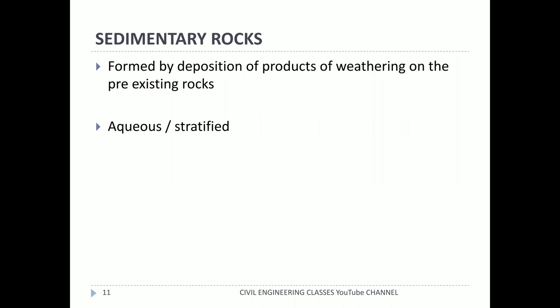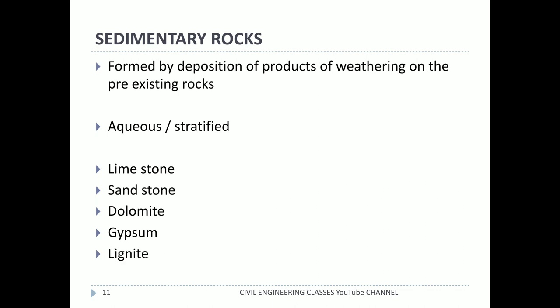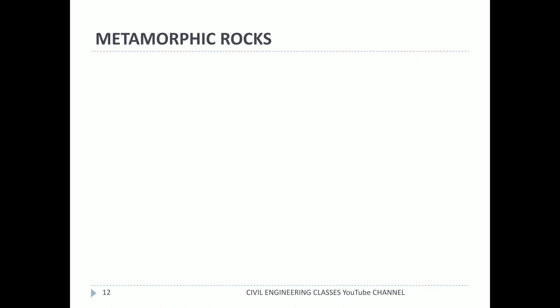They are mostly aqueous, that means they contain water, and stratified. The main examples are limestone, sandstone, dolomite, gypsum, etc. Last one is lignite. Lignite is also an example of sedimentary rock.